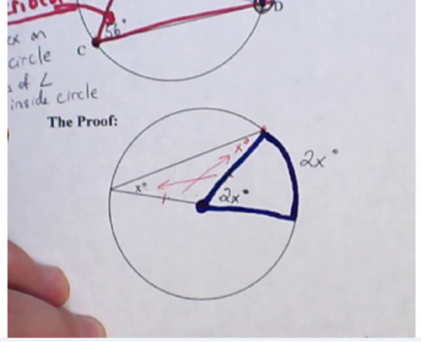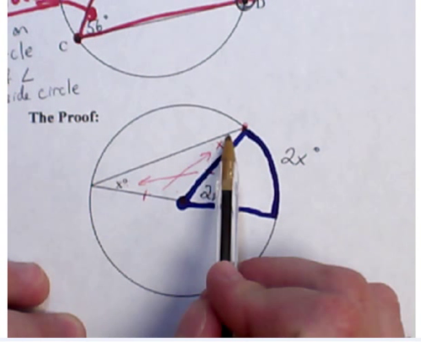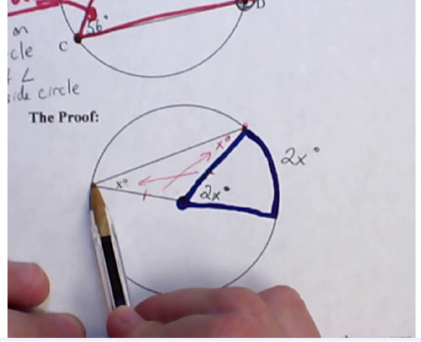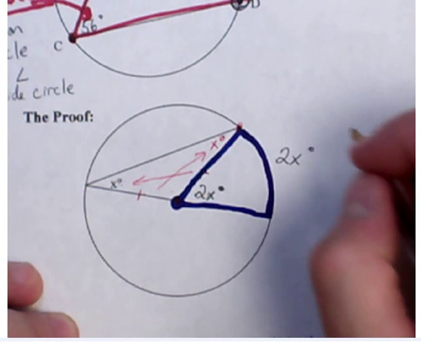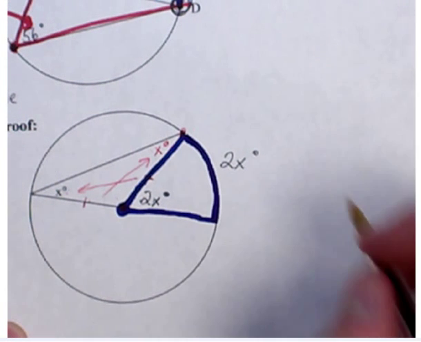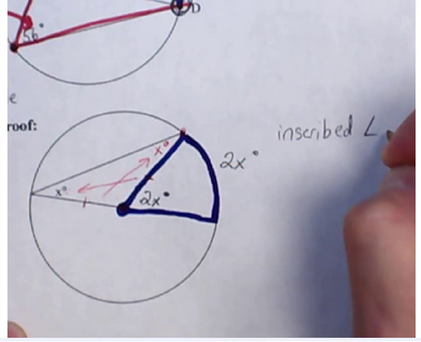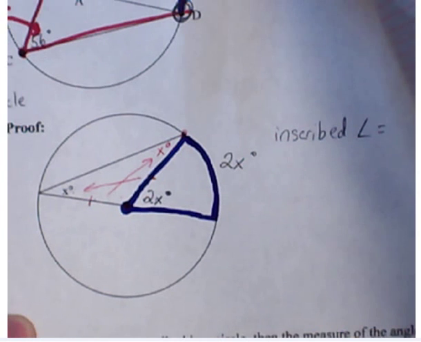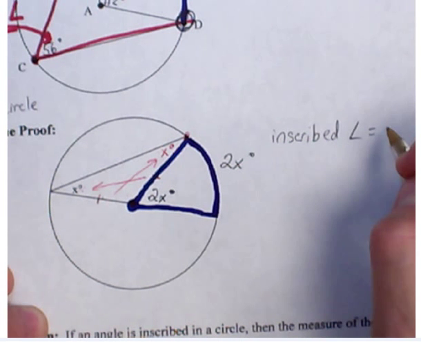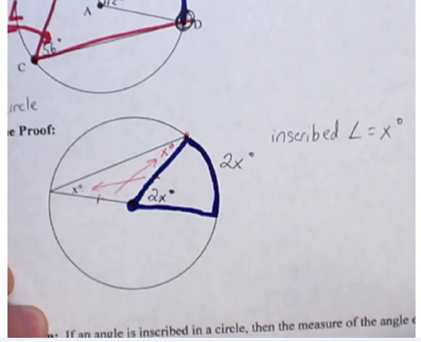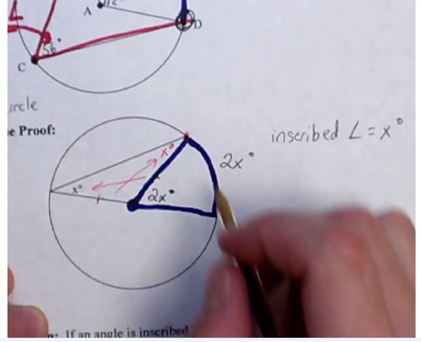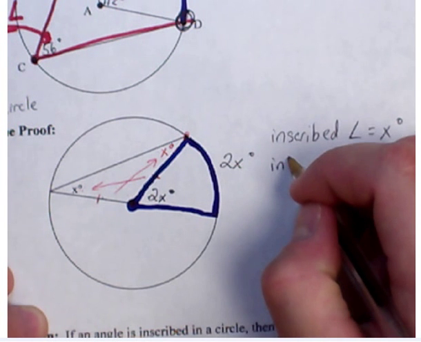Now look at the relationship. The inscribed angle, we'll write it down here on the side, equals x degrees.